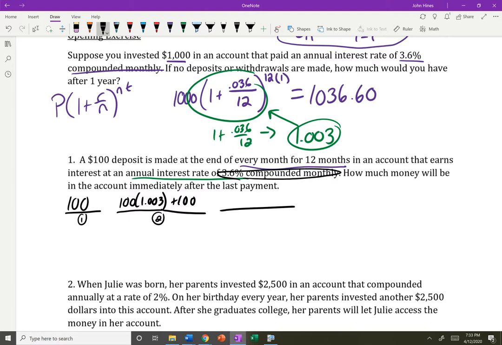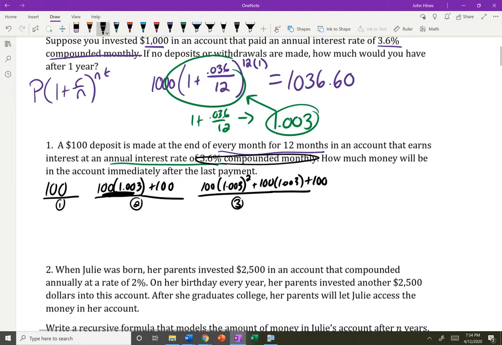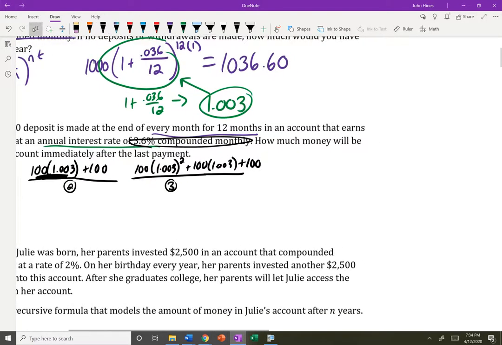All of this gets interest. This is month 3. So this first amount gets another dose of interest: 1.003 squared. This $100 gets its first dose of interest, but it's a new month, so I add in another $100. Do you see how this is different than up above, where I just let the money sit in the account? Here, each month I'm adding a little bit of interest and a new $100.